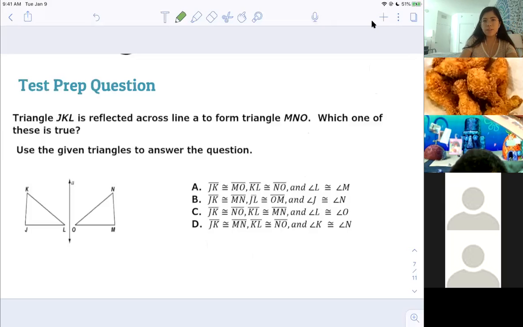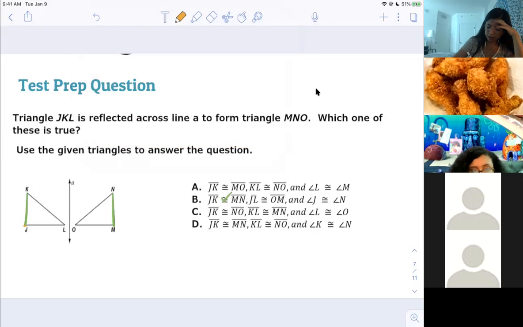Here are the results. So B is the winner. Let's check B. So I need to check all of these statements. It's telling me 3 things. I need to check that they're true. First, it's telling me that JK is congruent to MN. Yes, that's correct. Then it's telling me that JL is congruent to OM.